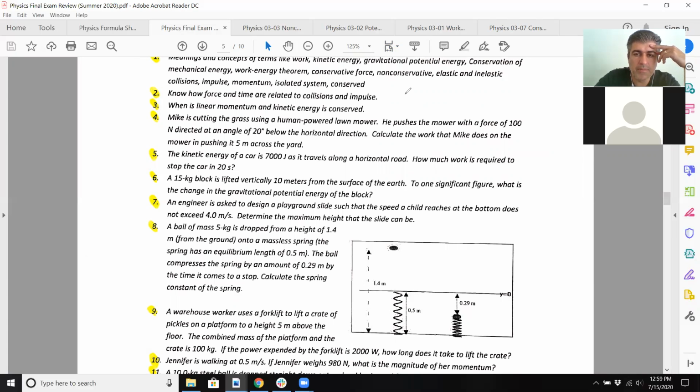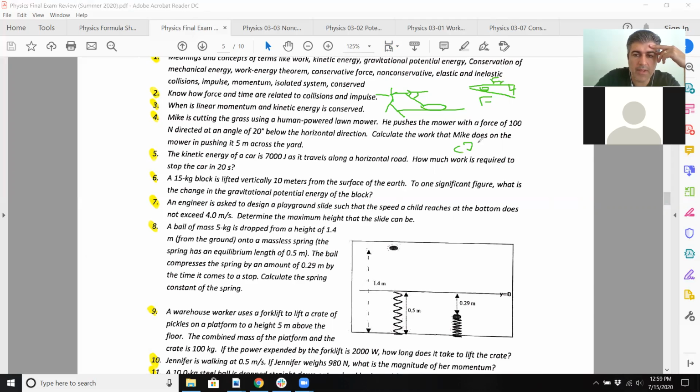Well, remember, here's your ground. Here's the lawnmower. Here's Mike. And he's pushing like this. And we do have this 20-degree angle that we have to consider. Here's the actual force, and here's our angle, theta. But I want the force in the x direction.